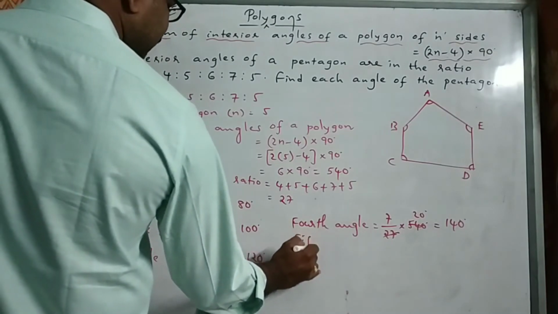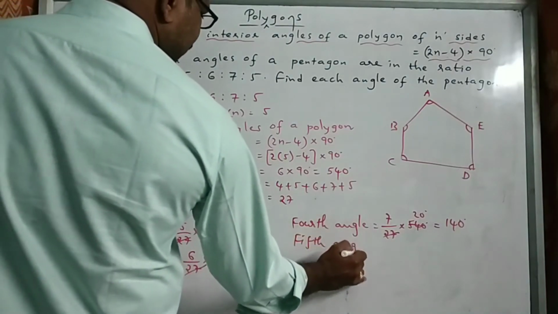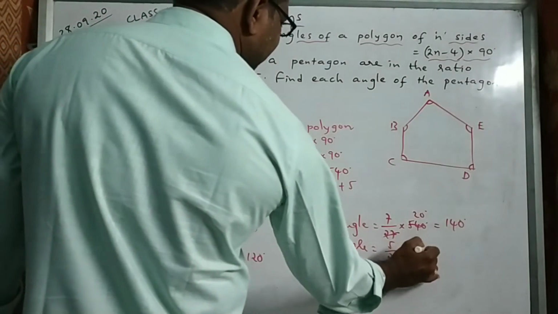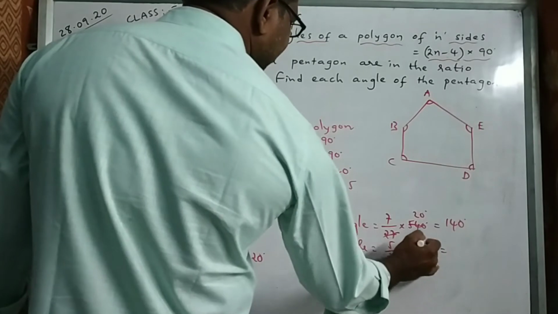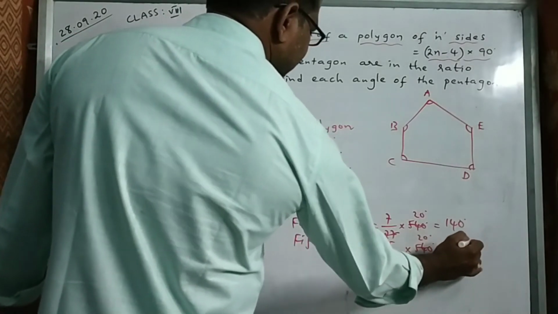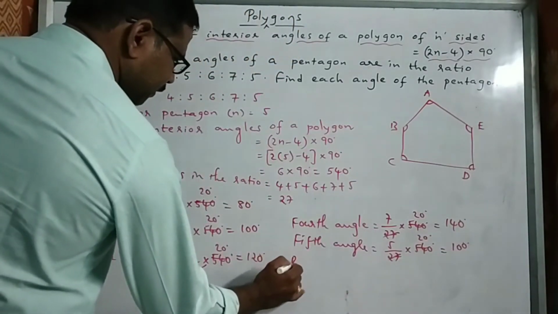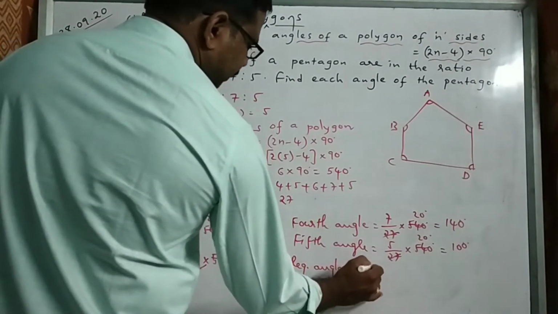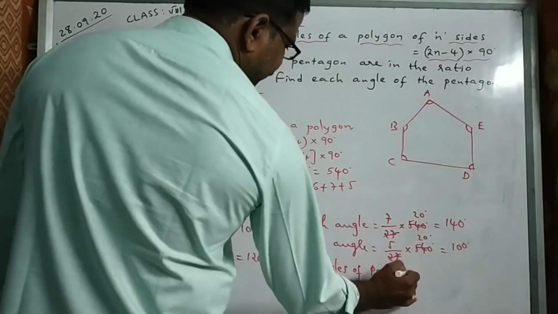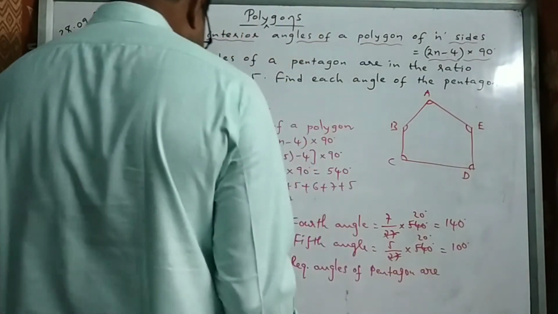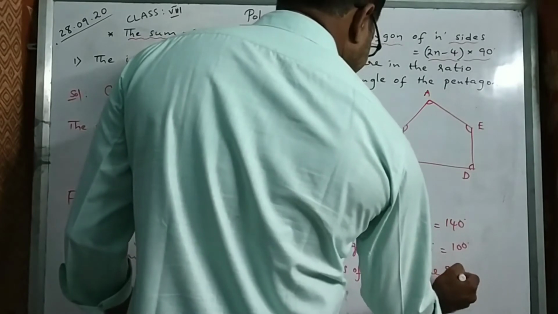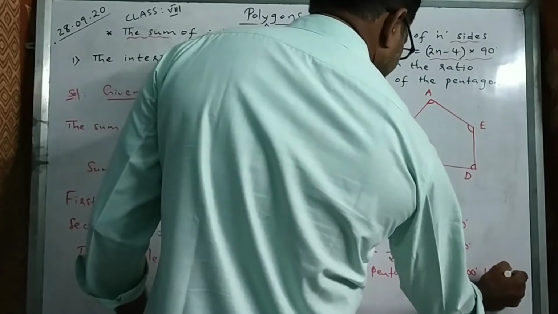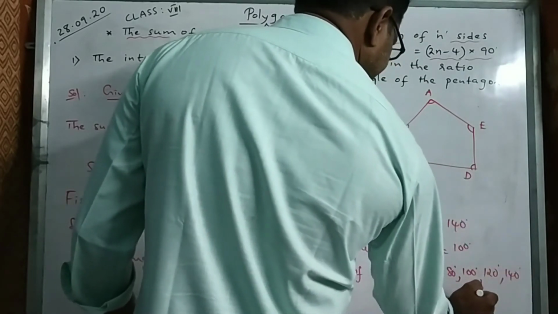Fifth angle, fifth term 5 by 27 into 540, 27 twenties, 100. Therefore, the required angles of the pentagon are 80, 100, 120, 140, 100.